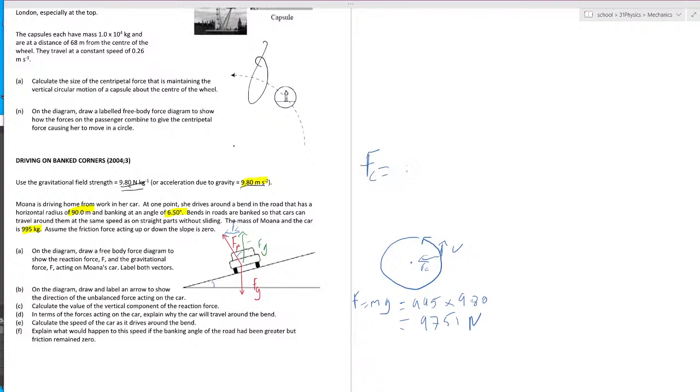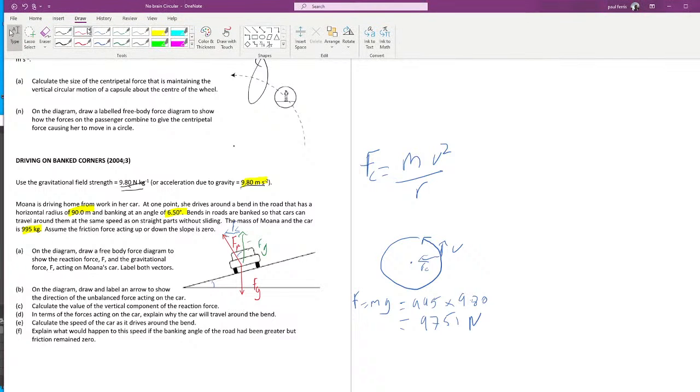FC is equal to v squared divided by r. So I will just do the algebra correctly so you can see what I'm doing. Do we have the FC yet? Did I work that out?